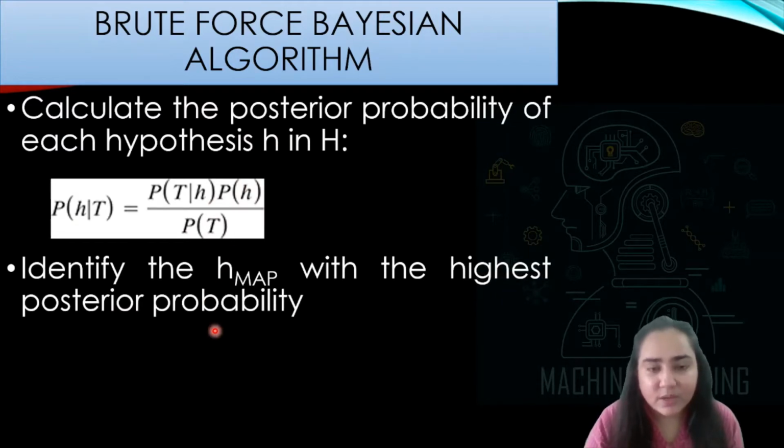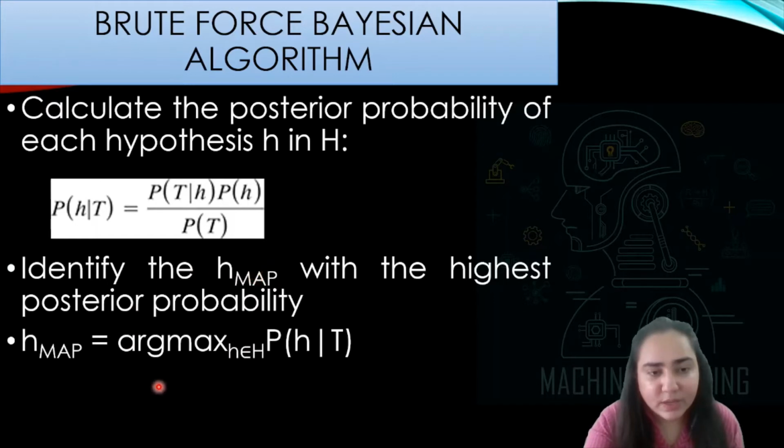And you can also identify the H map with the highest posterior probability. So the idea is that you have lots of hypotheses, but not all of them are going to be correct. So you have to identify which of them have the highest value of H map, which I told you about earlier. Okay, so to do that, you're going to use this formula, which is argmax over h in H, where the probability P of h given T is the maximum.